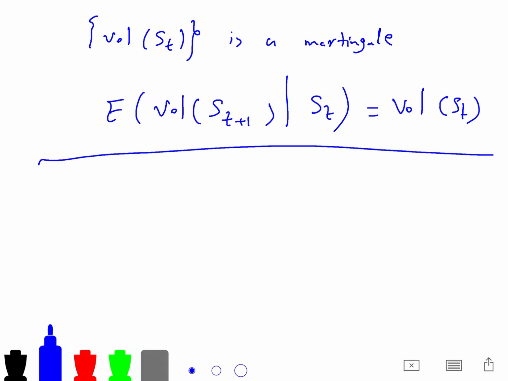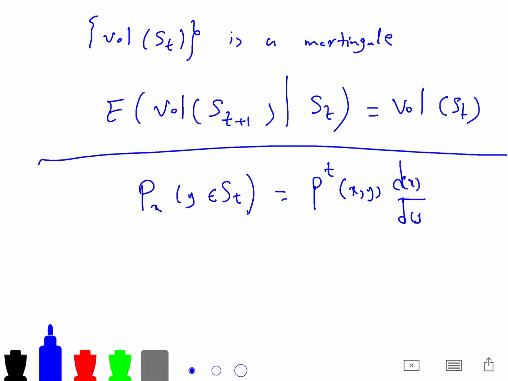And there is another proposition in this paper that it has a connection with random walk. So we say P of x, y in S_t is equal to P^t of x and y, d of x, the degree of y.